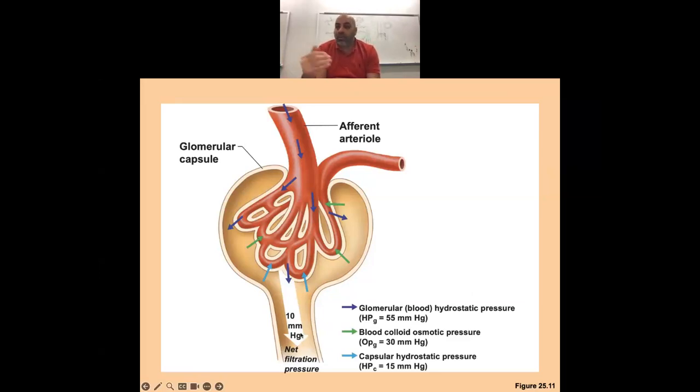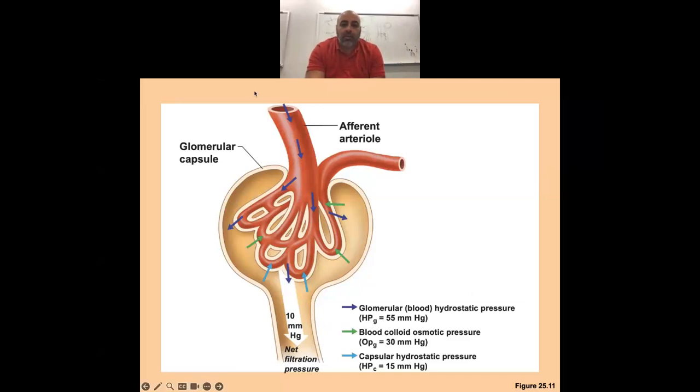But the problem is you have fluid in here. That fluid, also because of secretion, is increased. So what does it do? It's pushing back. Because it's pushing back, we now have capsular hydrostatic pressure. So now we're pushing out 25, but 15 is pushing back at us. We negate the 15 with the 25 because it's greater, and we end up with 10 millimeters of mercury pushing out.